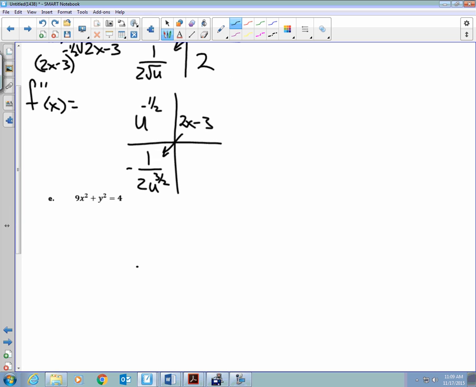And what's the derivative of 2x minus 3? So what happens? Yeah, the 2's cancel when you multiply it together. So I have negative 1 over 2x minus 3 to the 3/2 power. That's my second derivative.